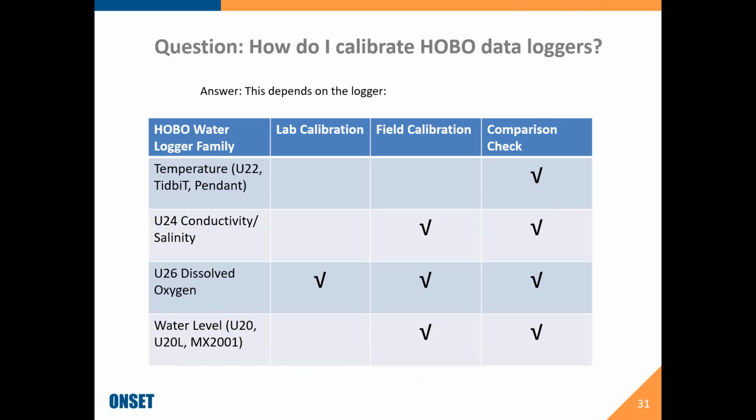Then there's a comparison check, which is commonly used with our temperature loggers. Before a deployment, quite often users will put a bunch of their temperature loggers that are going to be deployed into a stirred calibration bath that's all at the same temperature, and then read out the loggers afterwards and make sure that they were all reading within like 0.2 degrees C of each other.